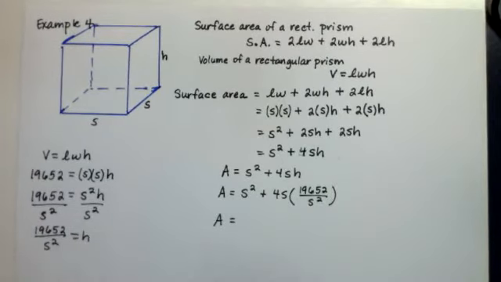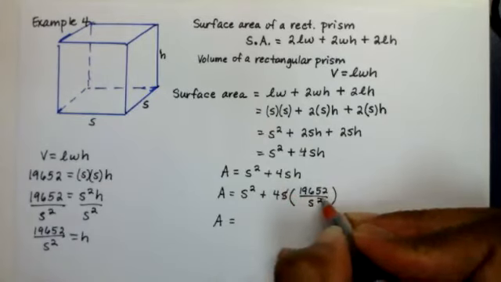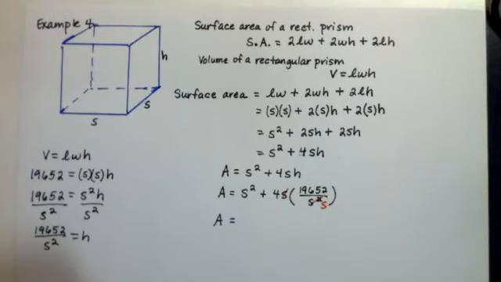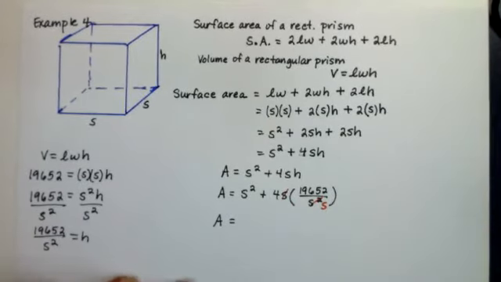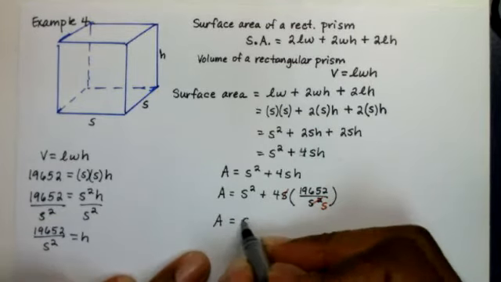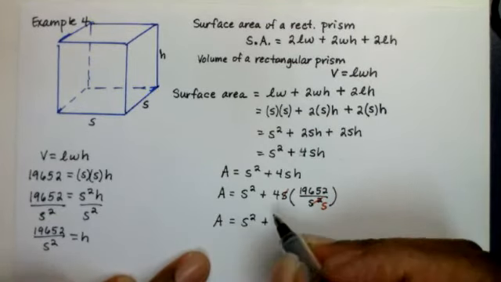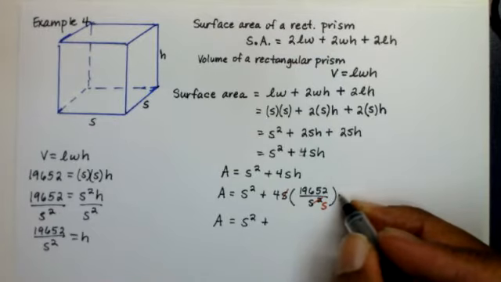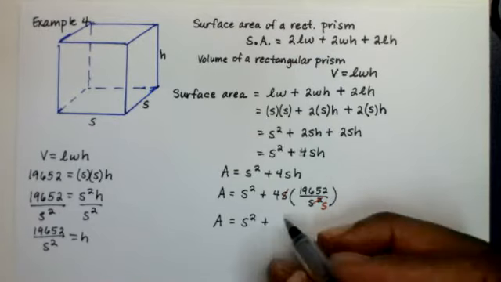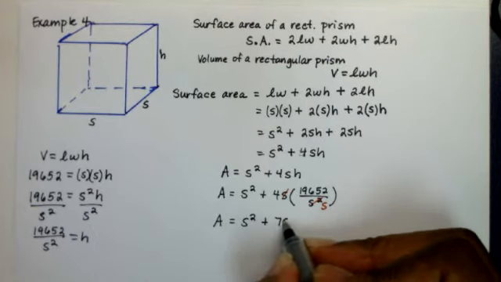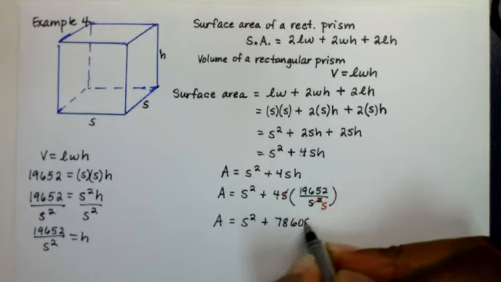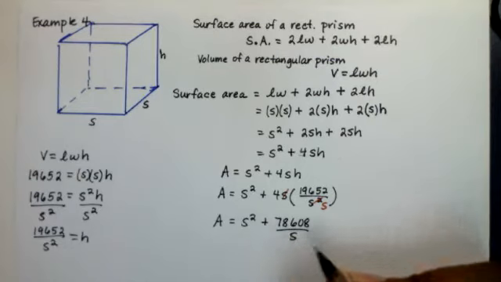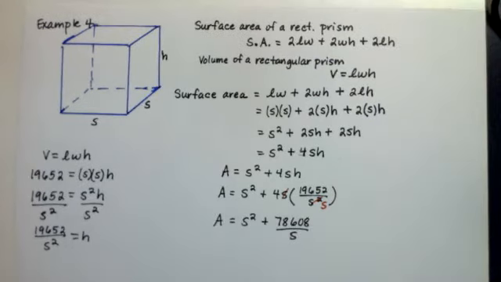Now, one of the S's divides out. I'm left with the S in this denominator. So that means A is equal to S squared plus 4 times 19,652, which is 78,608, over S. So this represents the objective function.